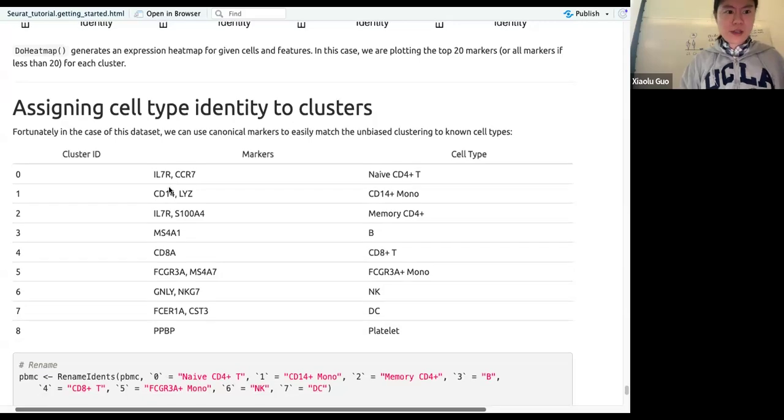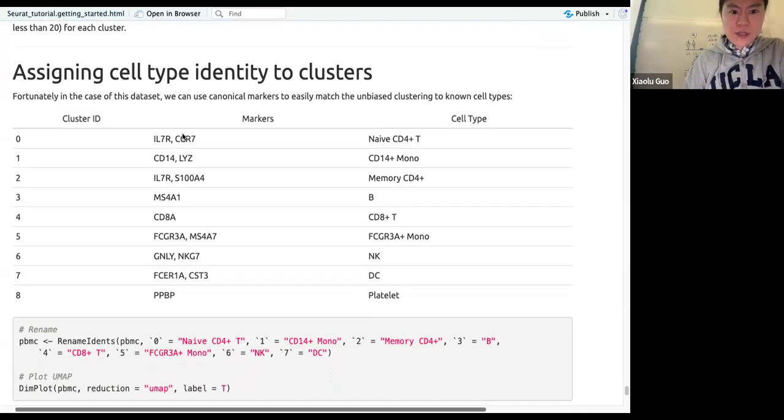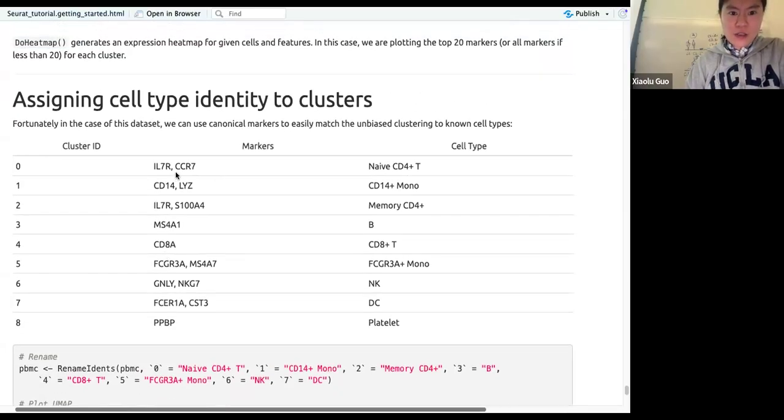And then we can assign the cell type identities to the clusters. What we usually do is, based on the markers that we identified, we can compare with the cell marker library, or your own knowledge.